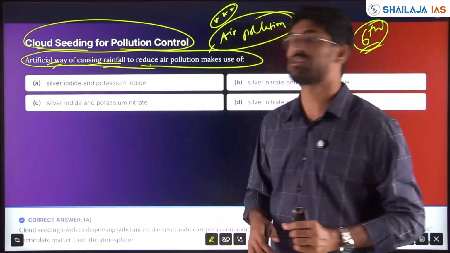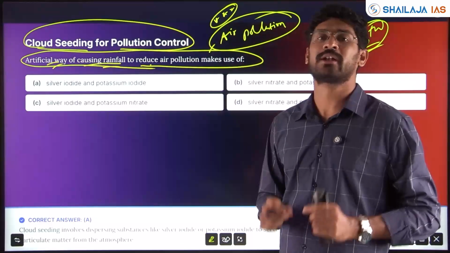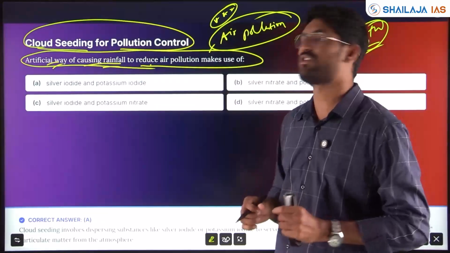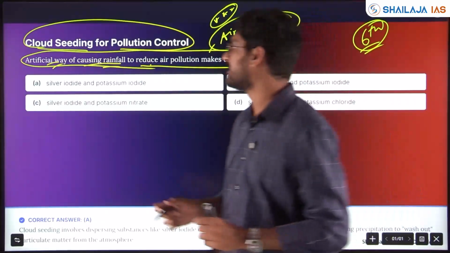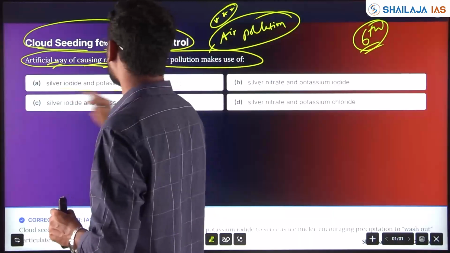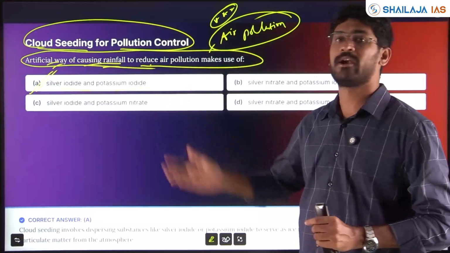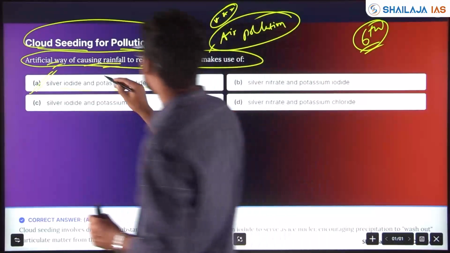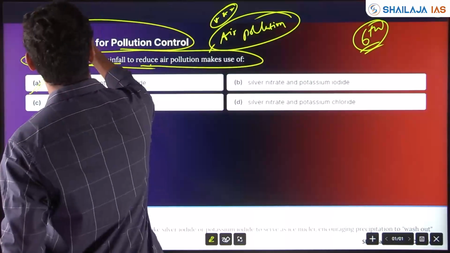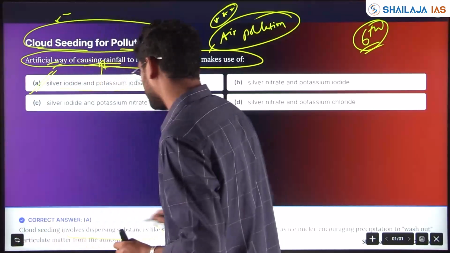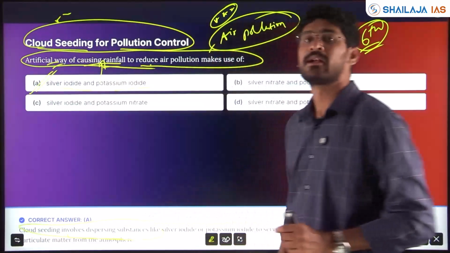down. So to reduce air pollution, which ingredients will you add in cloud seeding? Direct from NCERT, it is silver iodide and potassium iodide. These are the things you use in cloud seeding.